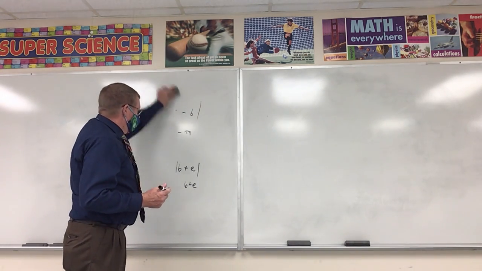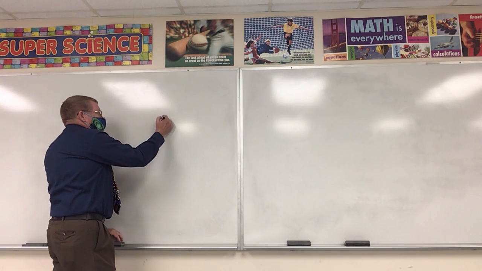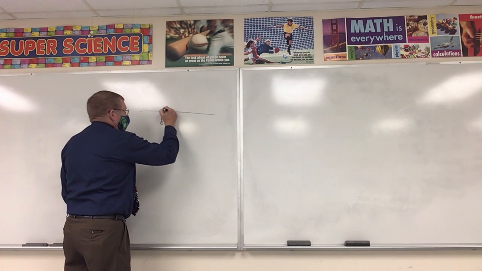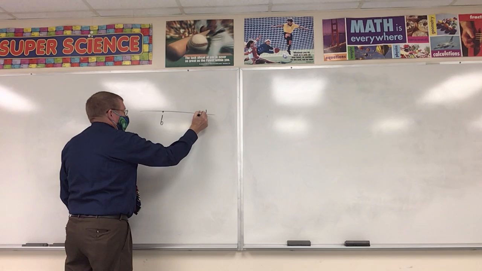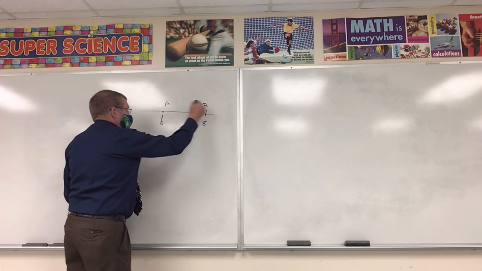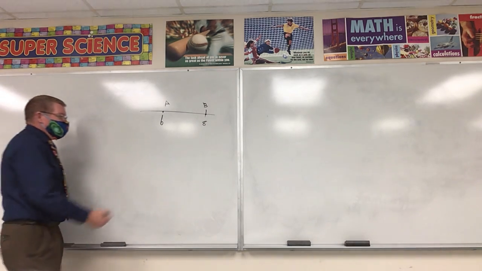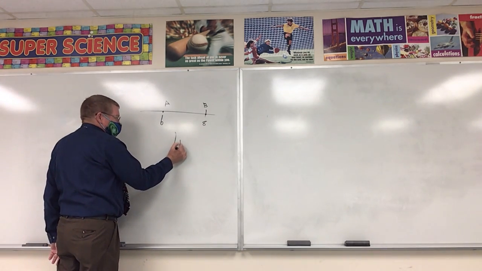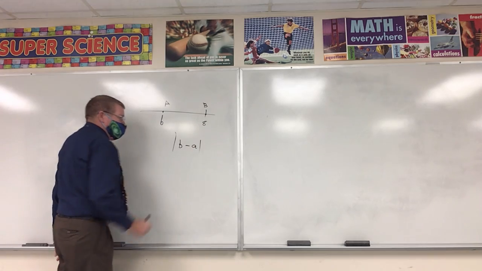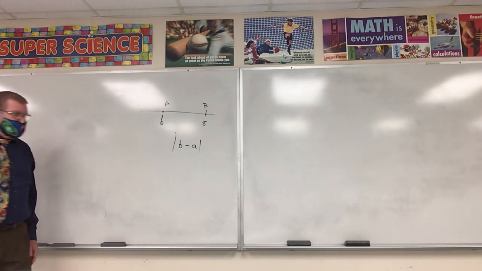Let's look at the distance formula. If I'm looking for the distance from A to B, the distance formula says the absolute value of my second number, my final number, minus the first.